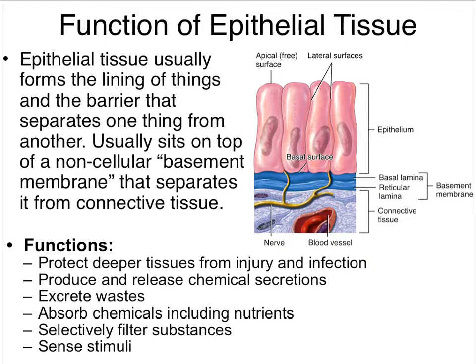The epithelium in your skin is going to secrete oil and sweat and things like that. The epithelium lining your mucous membranes in your respiratory and digestive tracts is going to secrete mucus, among a few other things as well.